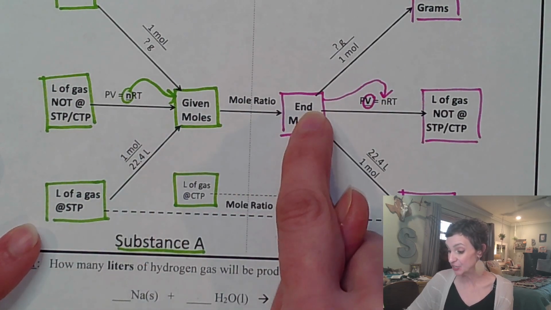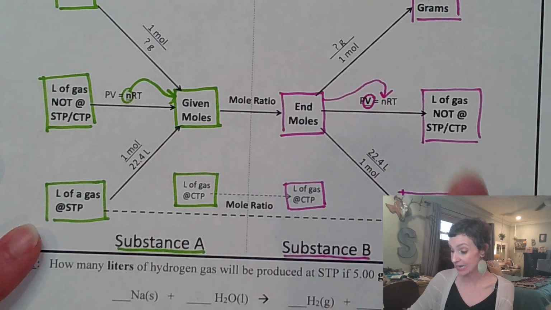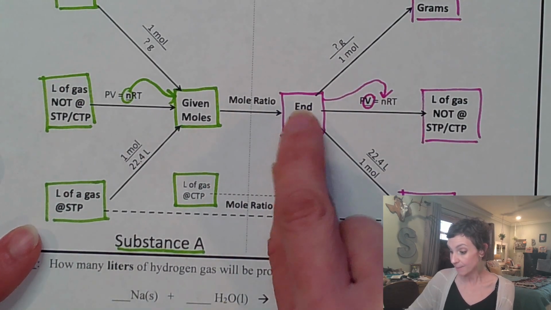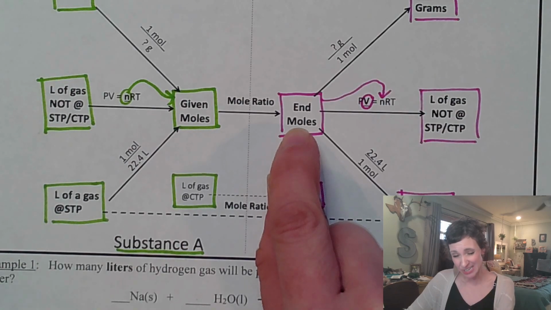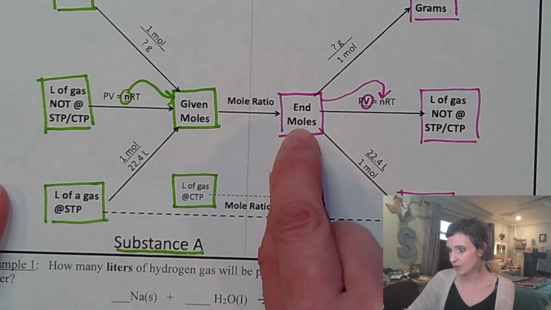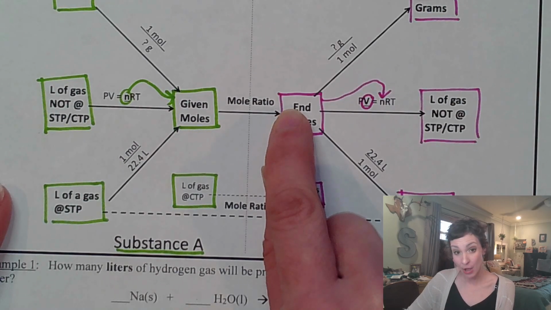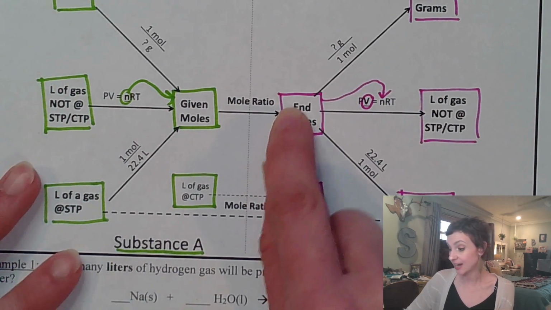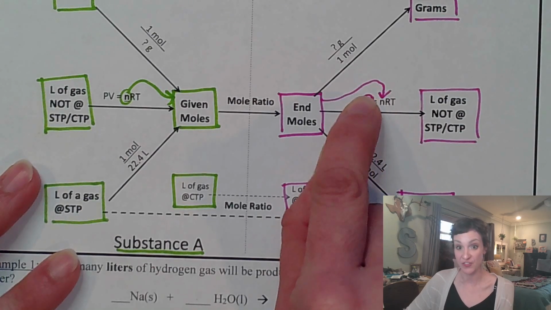Now, if I need to solve for the volume of a gas not at STP or CTP, once I get to moles, I stop on my ending moles, pull them out of the stoichiometry train track as N, and solve for V that way.